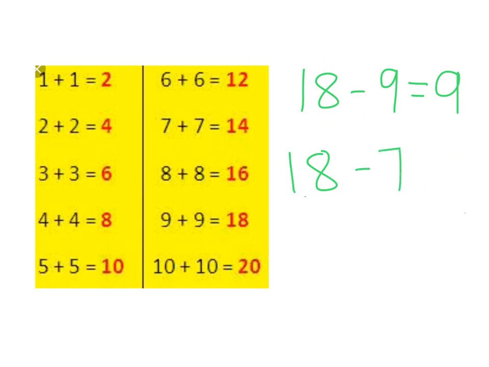Now my 7 is 2 different to my 9, so therefore my answer is going to be 2 more than what it was before because it's a subtraction question. So 9 plus 9 equals 18, therefore 18 take away 9 must equal 9, and I can use that to work out 18 take away 7 must equal 11.